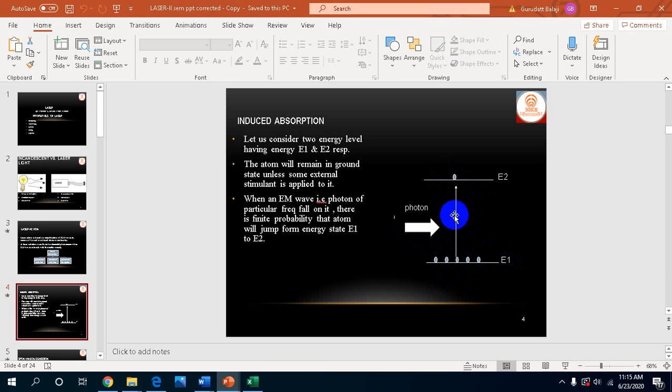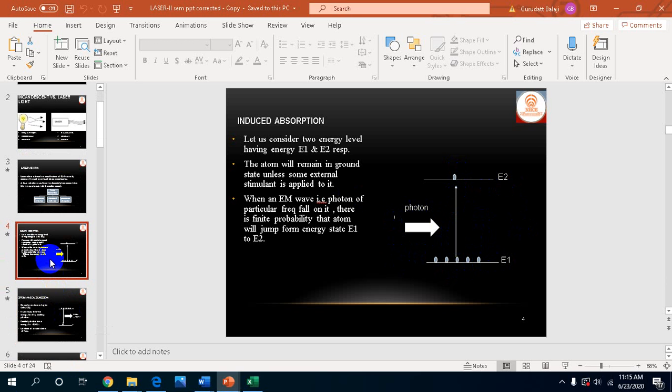Why is it called induced? Because we are supplying the energy in the form of photons. With the help of external energy, the transition of an atom takes place from E1 to E2 state. Such a process is called induced absorption.